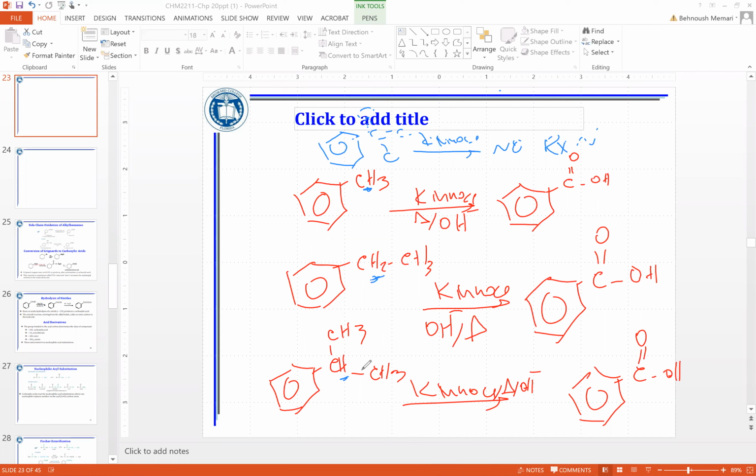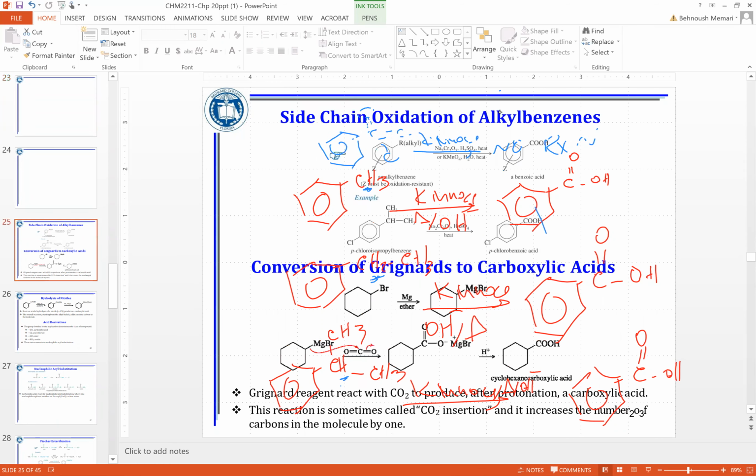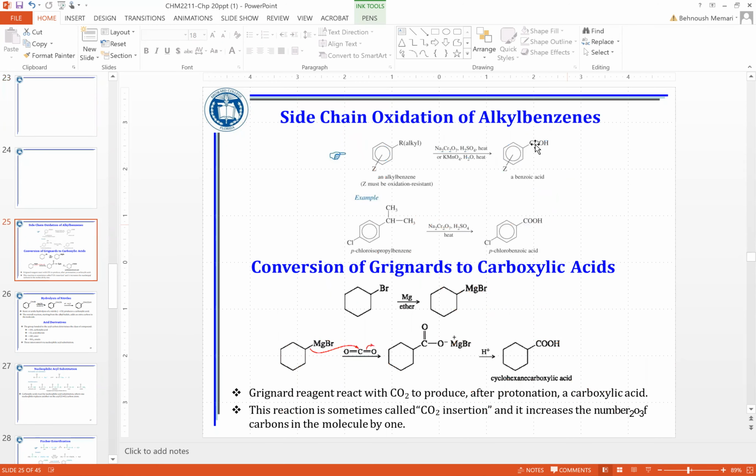But regardless of the size of the alkyl chain, as long as you have benzylic hydrogen, the product is going to be benzoic acid. So that's oxidation of the side chain of an aromatic ring, which is going to produce benzoic acid.